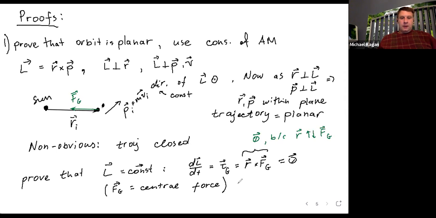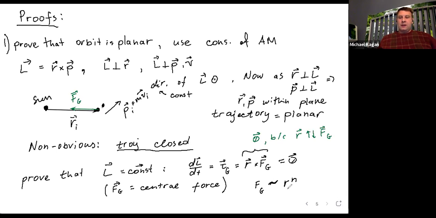Now let's come back to this. The trajectory is closed. This is not obvious. And it turns out that even for central forces, it's not obvious. Let's say the central force only depends on radius, as a power law, some power n.